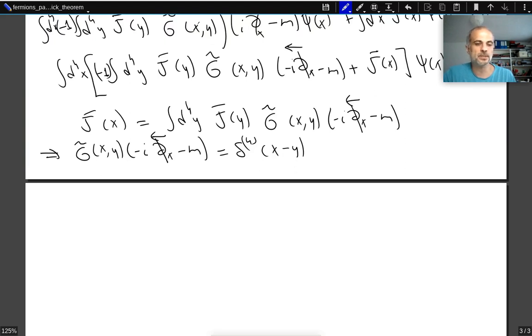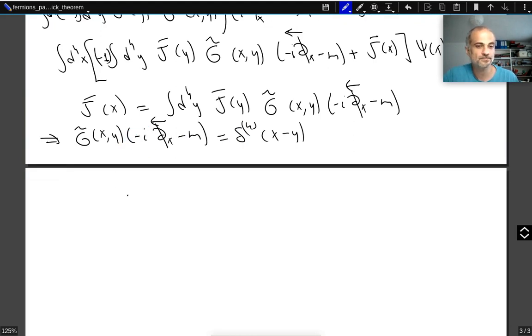You see that it might be confusing because here we have a matrix and the derivative operator. I'm just taking the Hermitian conjugate of matrices, not the derivative operator. And well, since I'm taking the Hermitian conjugate of matrices, then this minus i also becomes i. So now when I take the Hermitian conjugate, which contains the transpose and changes the positions, it's i del x slash minus m.